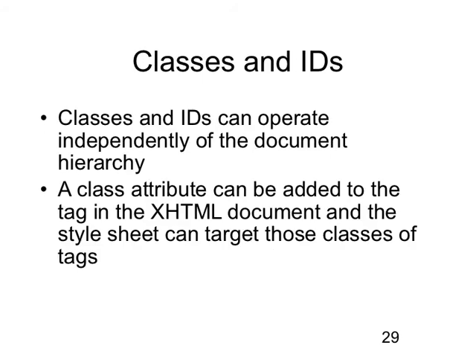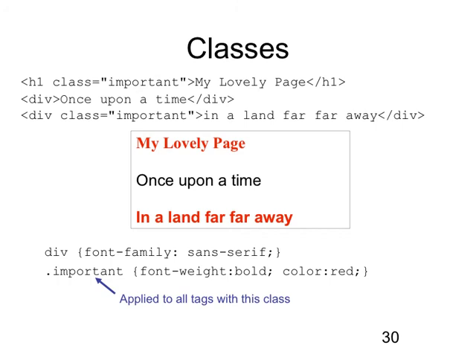Now, classes and IDs can operate independently of the document hierarchy. And I'll show you what we're talking about here. So here we have a H1, and inside in the H1 tag, so this is actually inside in the HTML now, which is why it's not ideal, because we're fiddling now with the HTML.